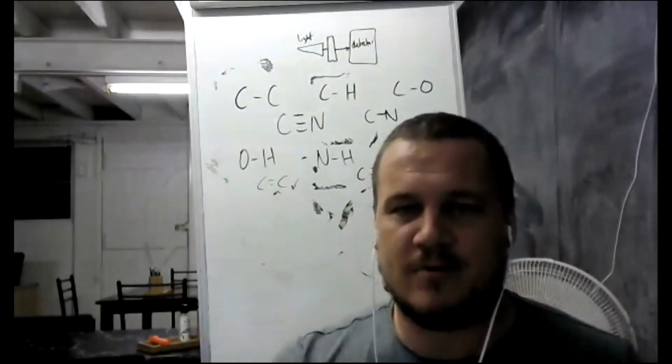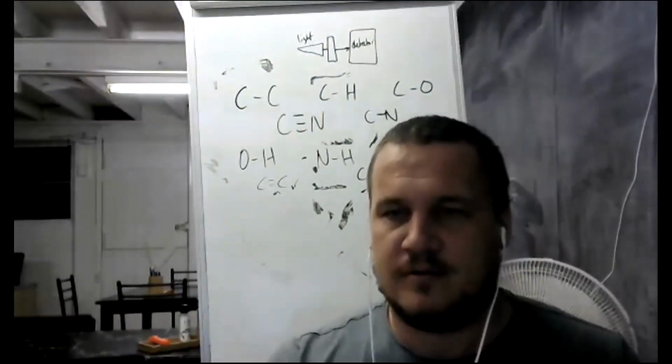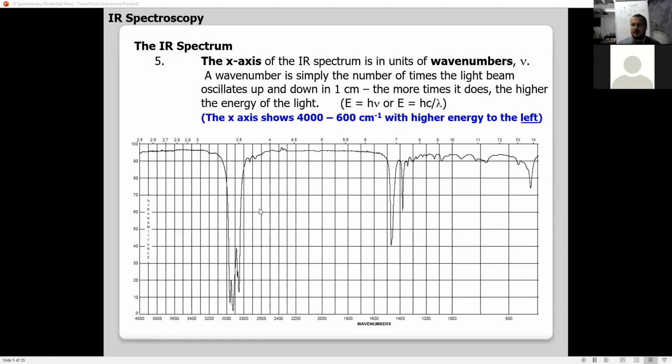So just remember that when we're going through this. And when one of these bonds absorbs light at one of these wave numbers, we get a reverse peak or a peak. If you flip it upside down, it would be a peak. And we can use our knowledge of what the peak looks like and the numbers that it corresponds to in order to figure out what's there.